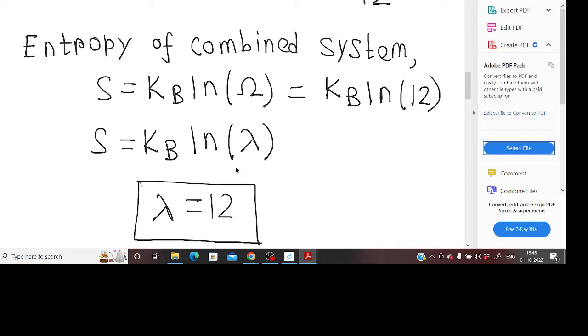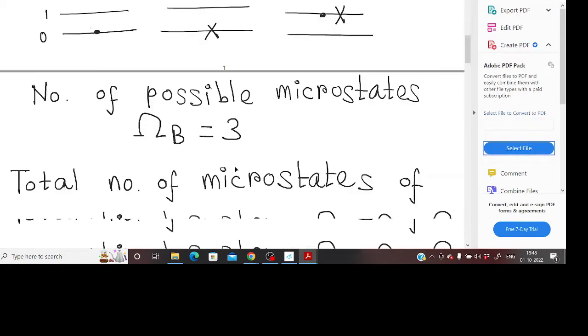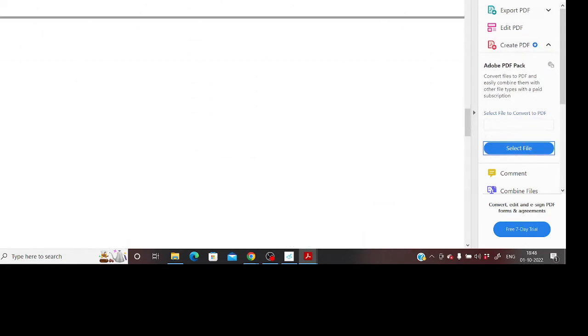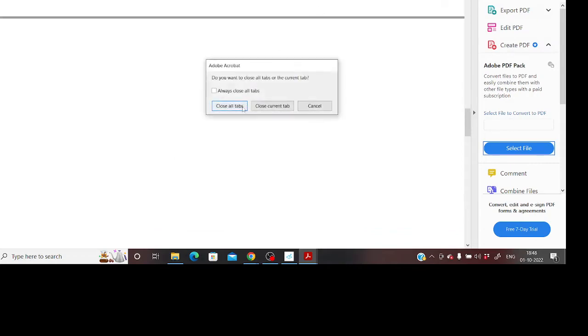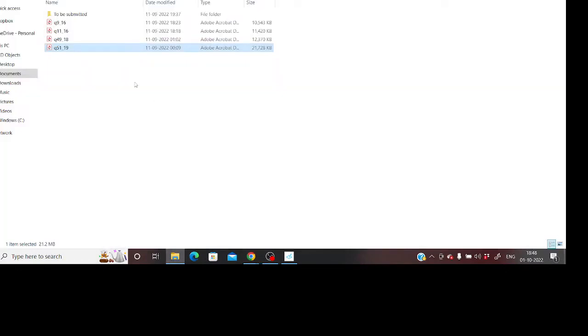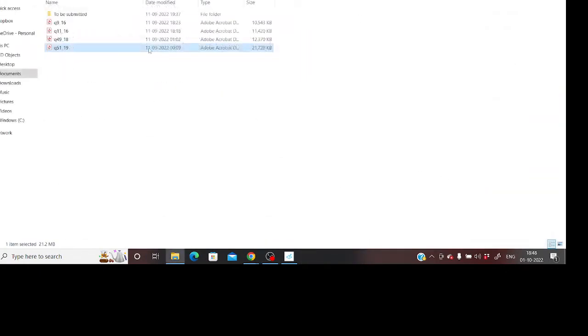So entropy is equal to kb log 12. In this question, it is given that entropy is equal to kb log lambda. So the value of lambda is 12. That's very simple. So 12 is the correct answer. But there is one point in this question.